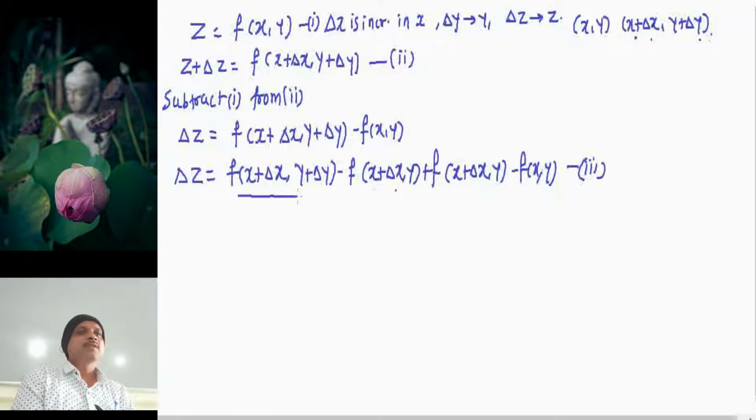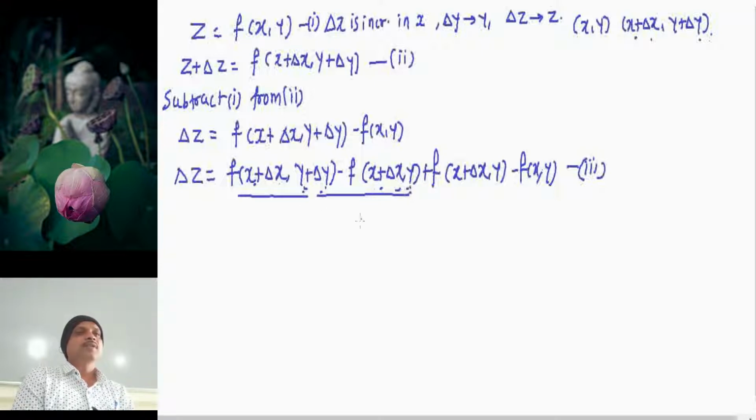Now observe the first two terms of equation number 3: x plus delta x and x plus delta x, that means there is no change in the variable x, whereas in y plus delta y and y, there is a change in the variable y. So as there is no change in variable x, this will be a function of y.